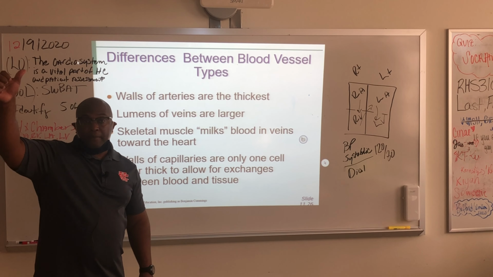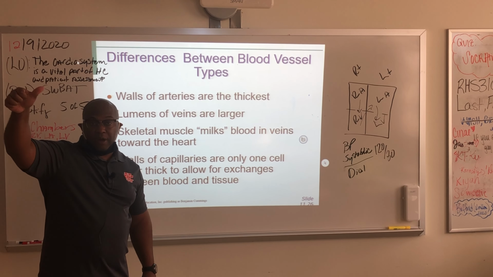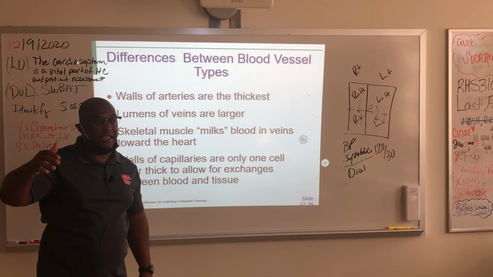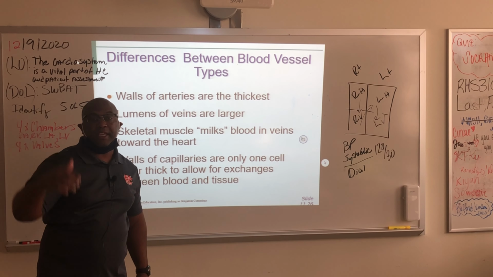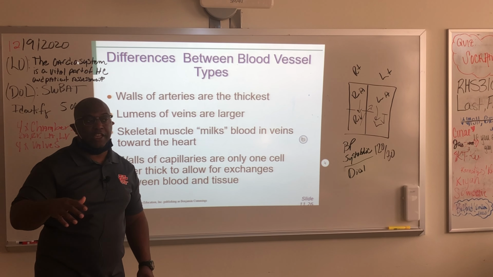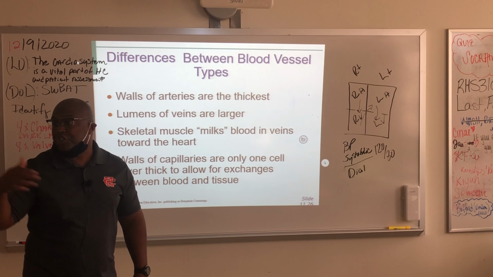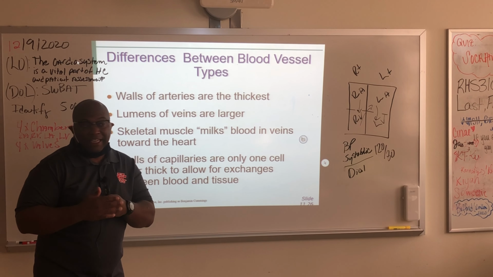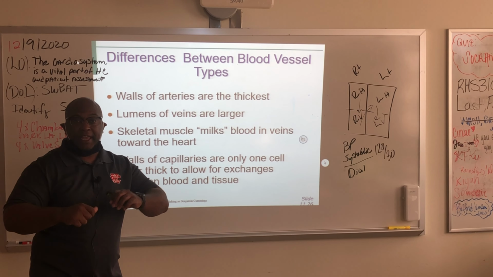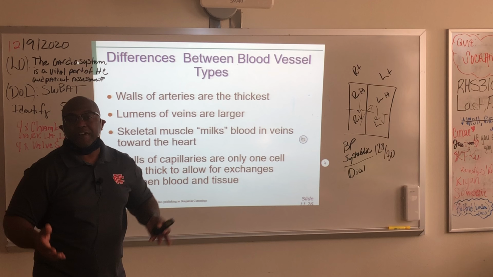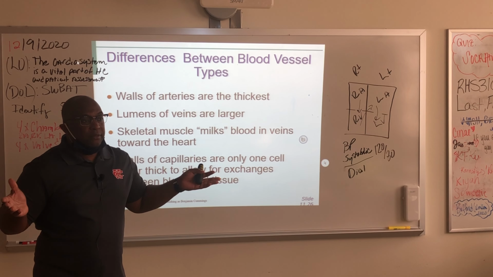So you have arteries, you have veins, and you have capillaries. That's the thickness. The arteries are the thickest. The capillaries are the thinnest. But the capillaries and the veins, they're thin so they can do gas exchange in the lungs and other places, okay? So gas can leave those veins and leave your body. So if I inhale, I take in what?